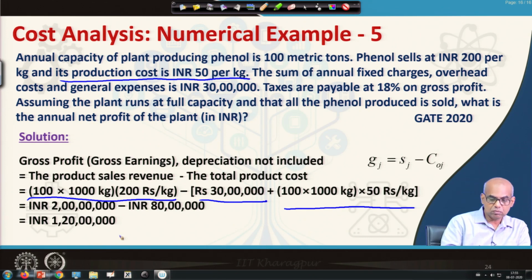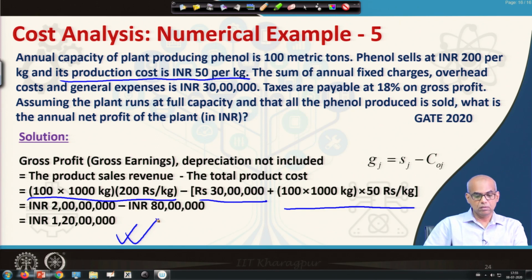So, this gives you 1 crore 20 lakh rupees as the gross profit.